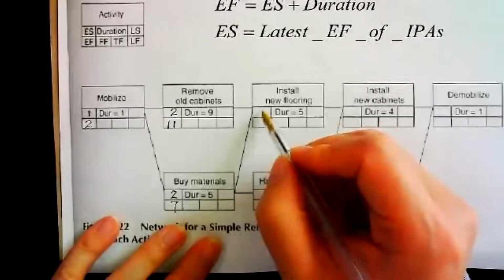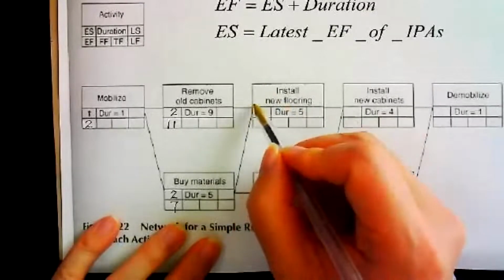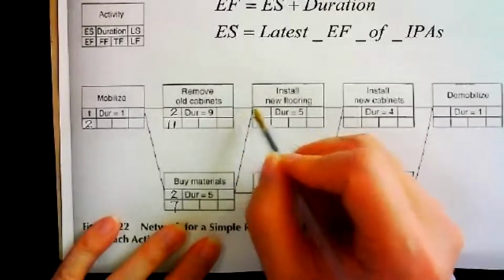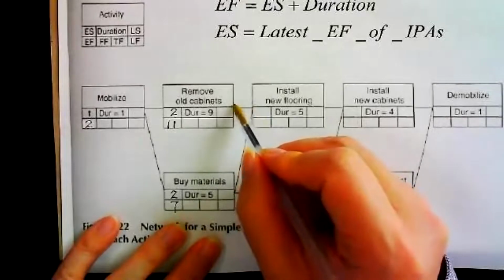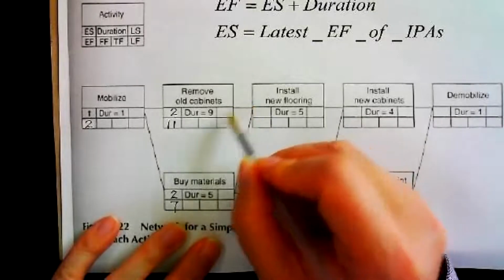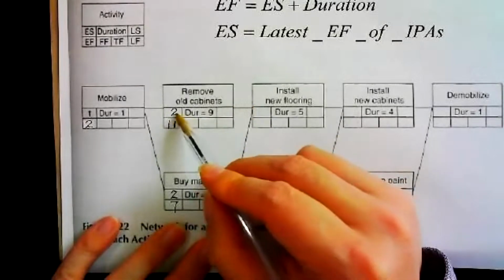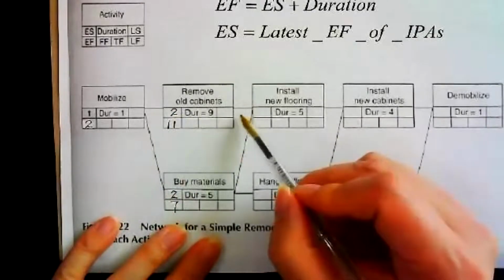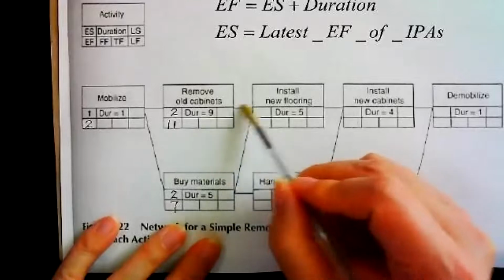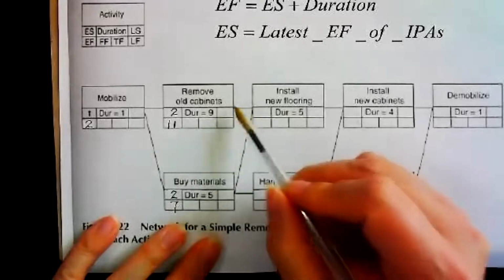So now, this one does not have only one IPA. See, there are 2 lines before that. This one's early finish is 11, and this one's early finish is 7. So I have 2 IPAs.